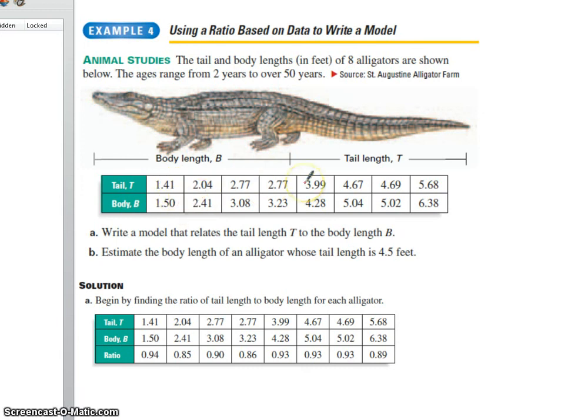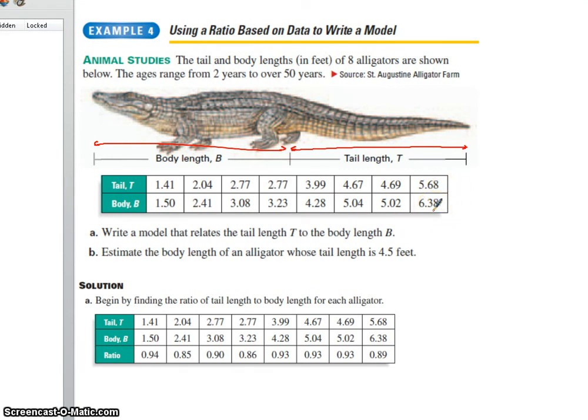So their tail length looks like it's from here to here, and their body length is all the way to the nose, to the back, basically the back legs. And what they're saying is that if we can find some kind of ratio, some kind of constant between them, then we could also guess other body lengths and tail lengths for other alligators.